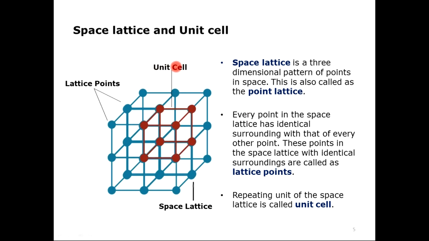Repeating a number of unit cells, 1, 2, 3, 4, likewise, will give us the total space lattice. Together, all lattice points and space lattice with unit cells constitute the basic phase of the material, and together all the phases constitute the material and its visibility.